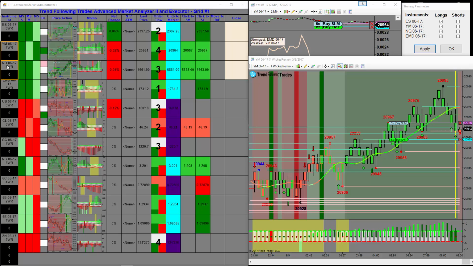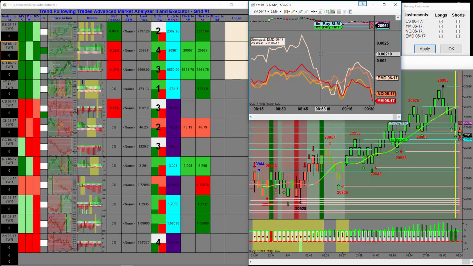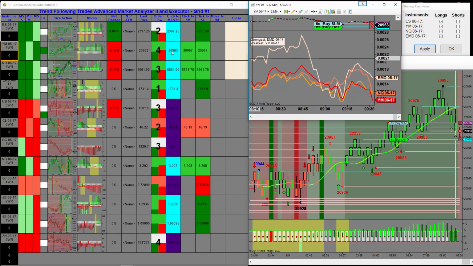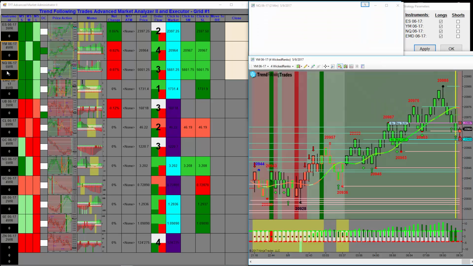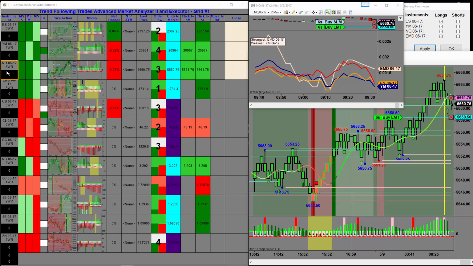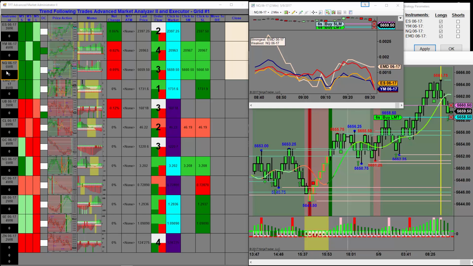Let's see what happens here. Ooh, taking a nosedive at the open. Range finding. Wouldn't mind getting long all the pullbacks. There we go. The NQ's got to pull back a little further.